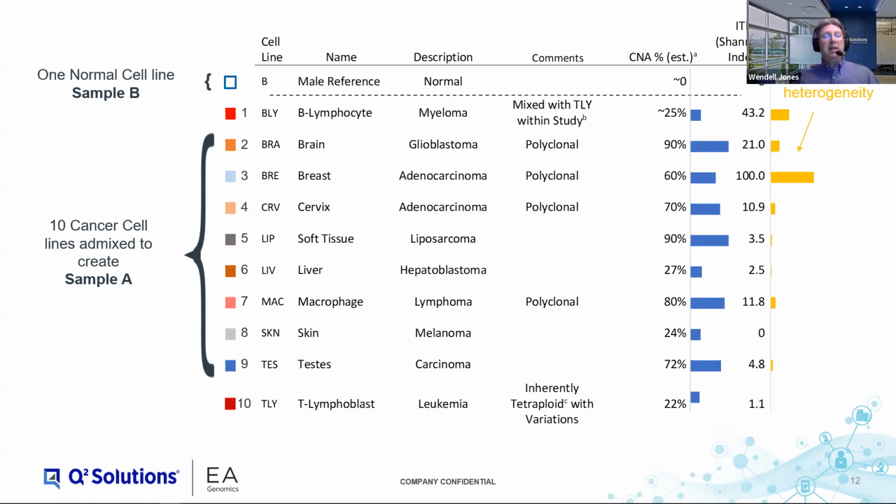But there's also things like, even though it's a cell line, it may be polyclonal. And in fact, we identified that several of these cell lines appear to be polyclonal, with the breast cancer being maybe the most extreme in terms of being polyclonal. And so we had to consider this when examining what we could infer from individual cell lines leading into the pool sample A.